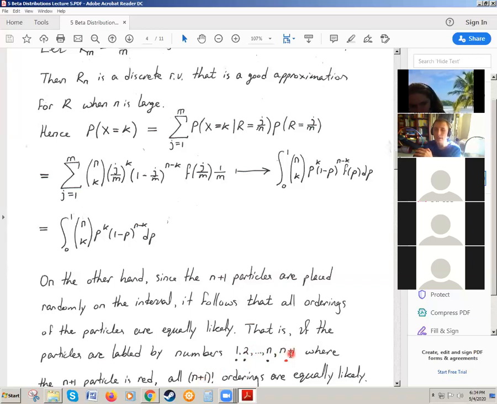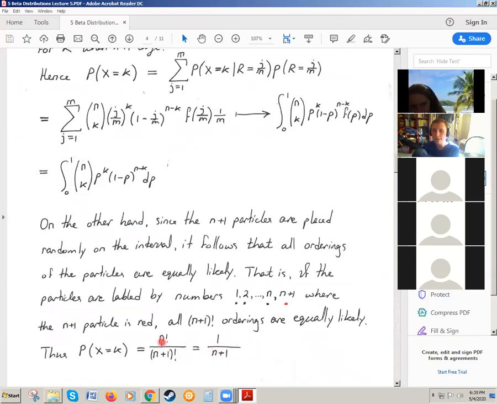If I want the red particle to appear exactly in the k plus 1 place, then once I permute the other n particles, I place it exactly after the k particles. So that will be n factorial over n plus 1 factorial, and that's therefore 1 over n plus 1.